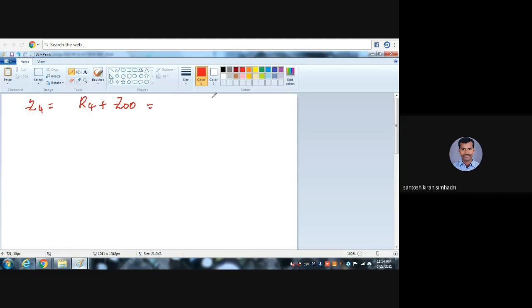So what is the ZOD value? This is R4 plus what is ZOD? I think ZOD equals R3 into R5 by R3 plus R5, plus 1 by j omega C.